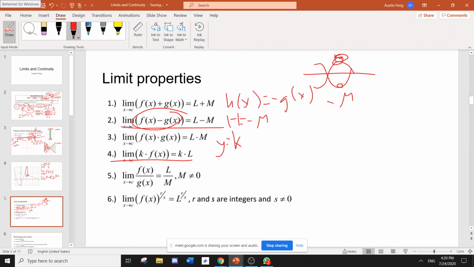We see that the limit at any point is going to be m is equal to k, because we can just plug in y is equal to k for f of x and k for m. And then number 5, what we do is we create an h of x that's 1 over f of x to prove it using 3. And number 6, you should just memorize this one. The limit of a function raised to a power is equal to the limit raised to a power.